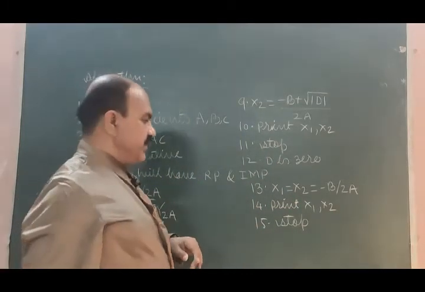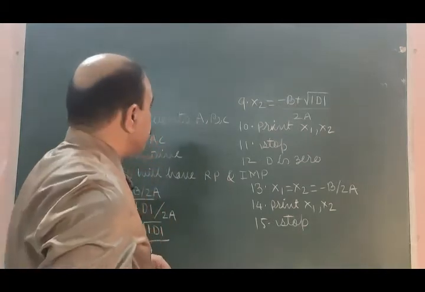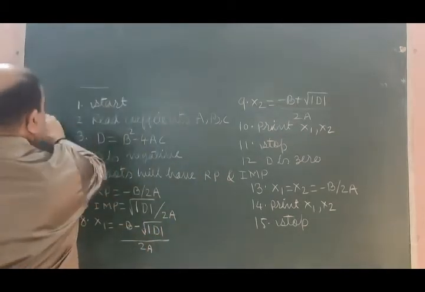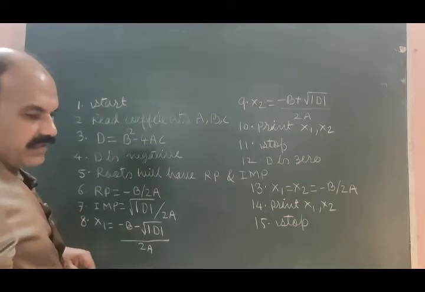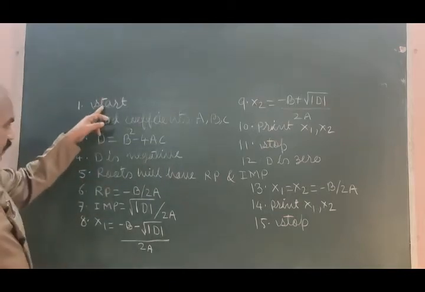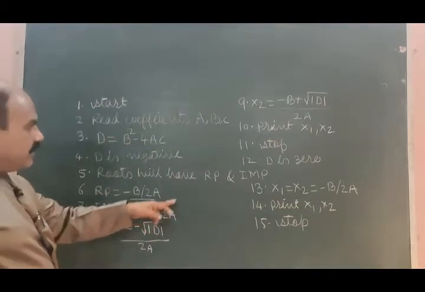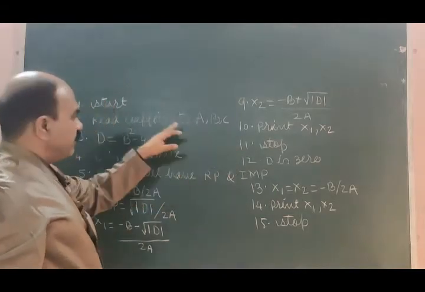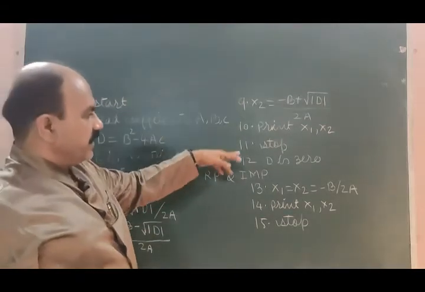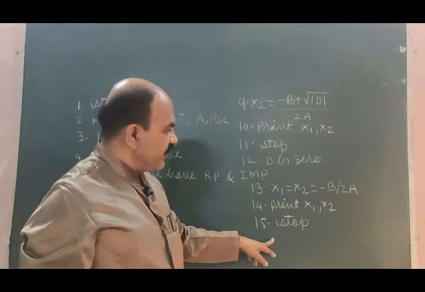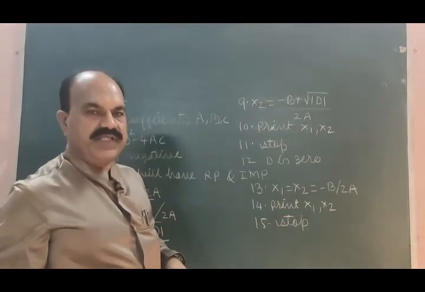The third possibility, number 16. Up to 11, first possibility. From 12 to 15, second possibility.